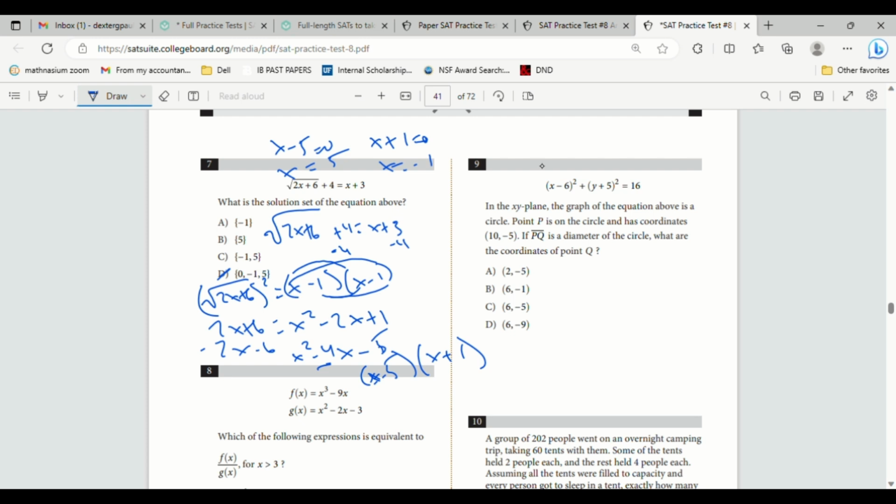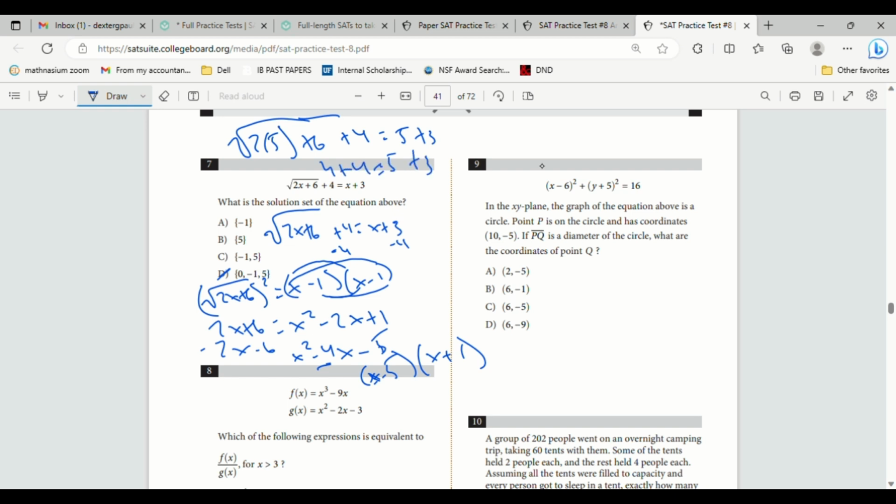So plugging in 5, we get square root of 2 times 5 plus 6, plus 4 equals 5 plus 3. 2 times 5 is 10 plus 6 is 16. Square root of 16 is 4, plus 4 equals 5 plus 3.